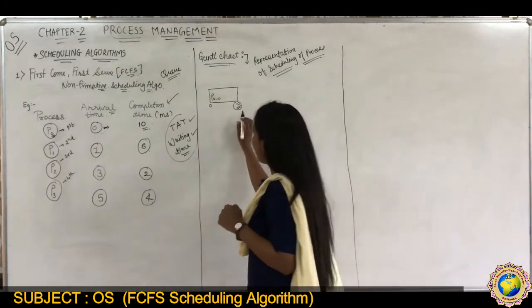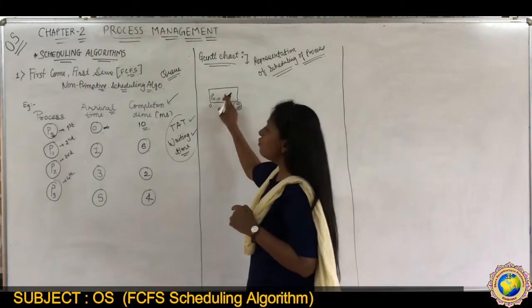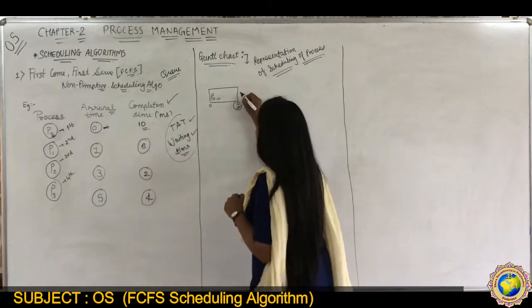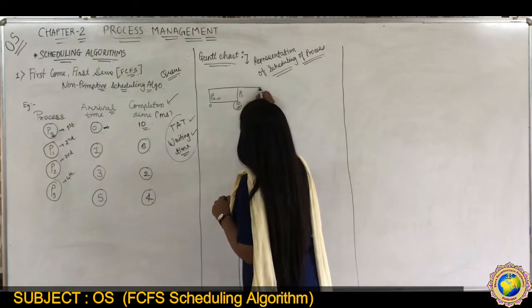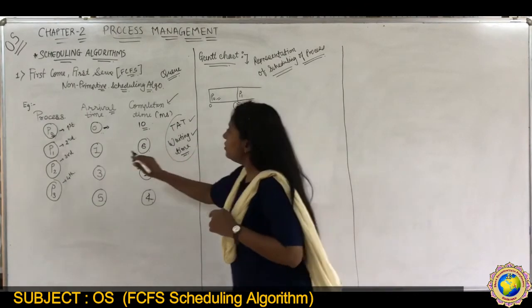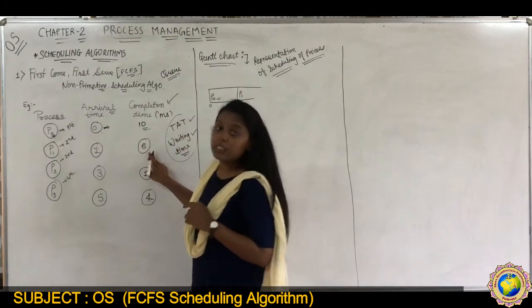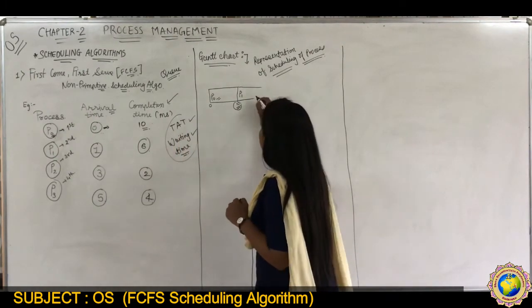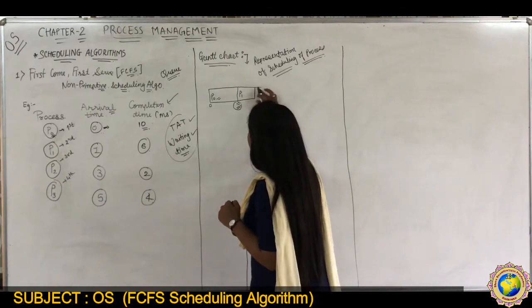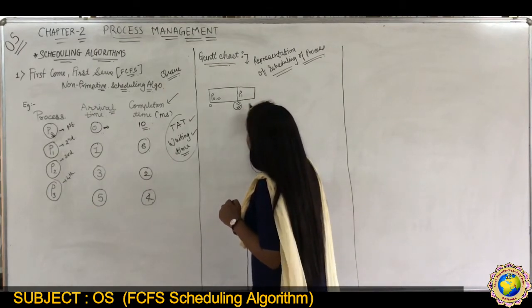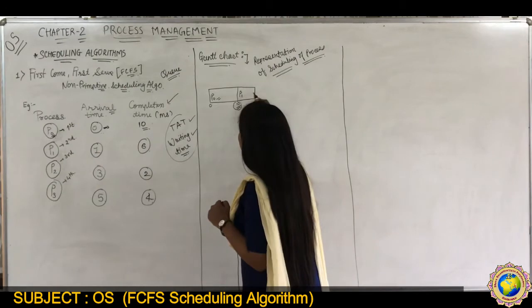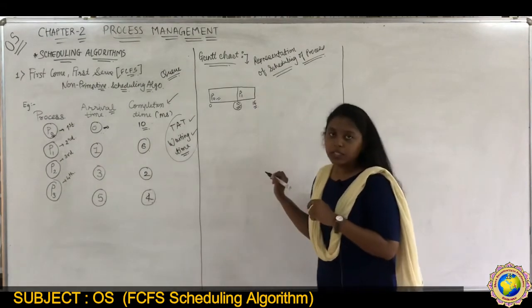After P0 completes, which process comes next? P1, with completion time 6. So 10 plus 6 is 16, and the finish time of P1 is 16.